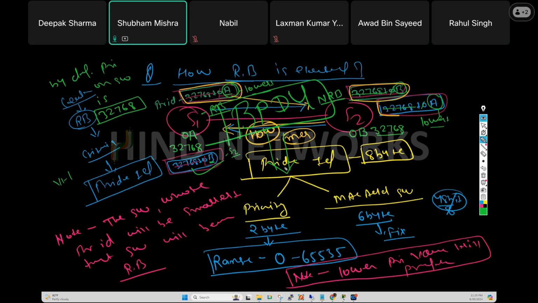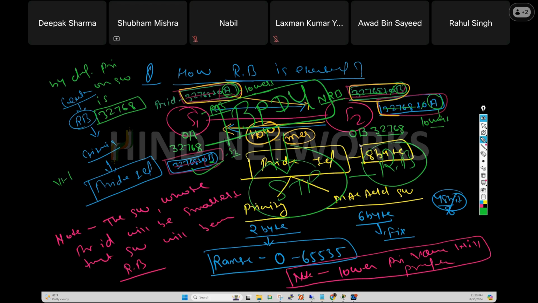But in an interview, if anyone asks you how you can define it, you can define BPDU as just like a message which is used in STP, and by the help of BPDU, root bridge election will happen. Do not mention only the bridge ID, because in BPDU there is multiple content. This is the professional answer you have to give in the interview.